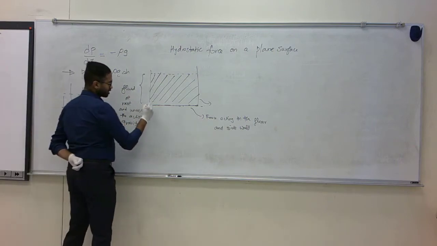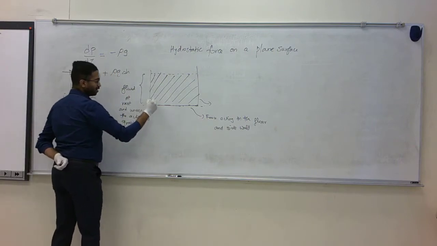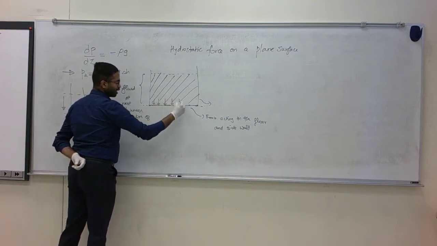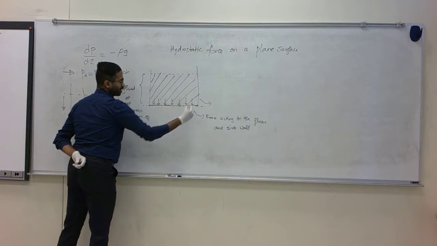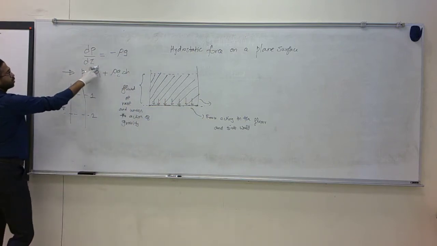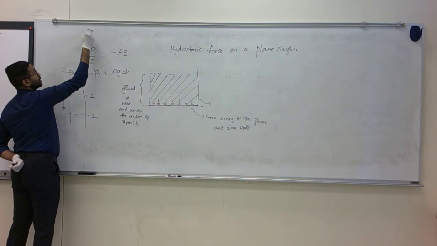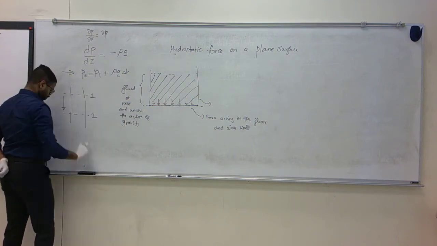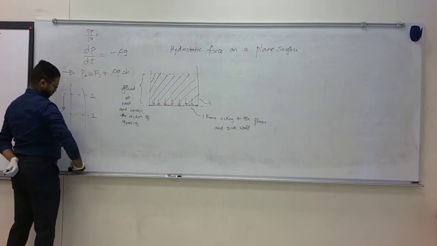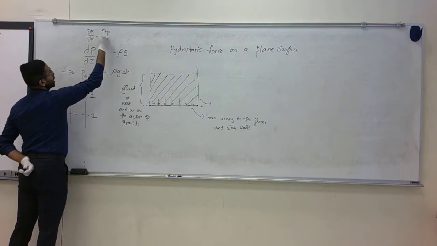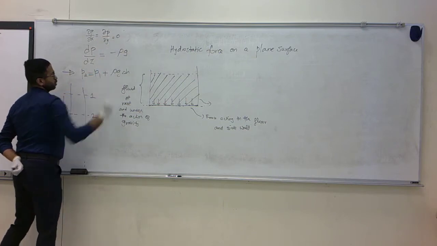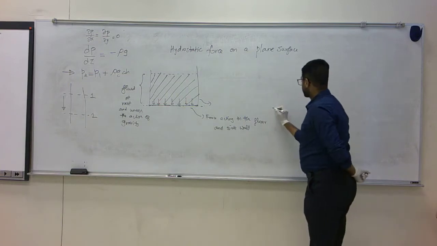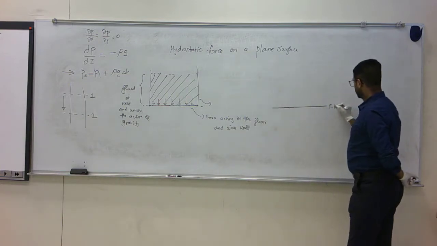That the pressure at a given horizontal level is constant, so whatever pressure is acting on the floor is the same at all points in the same level. In addition to dP over dz, we also learned that the pressure variation with respect to x and y is 0.